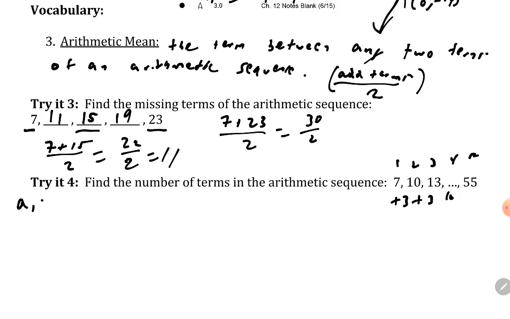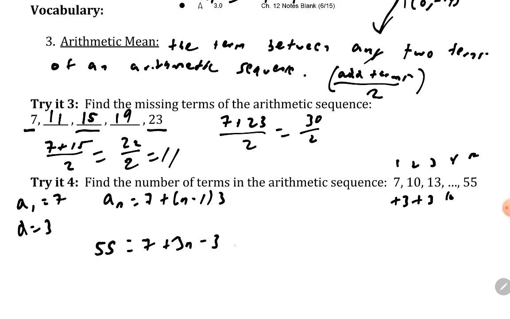Because we have our first term, which is 7. And our common difference is 3. So my formula is a sub n equals 7 plus n minus 1 times d, which is 3. Okay, we want to know how many terms there are, because it stops at 55. So I have 7 plus 3n minus 3.